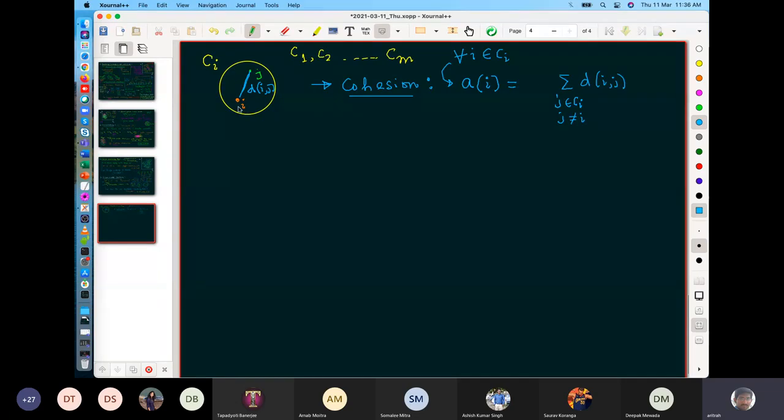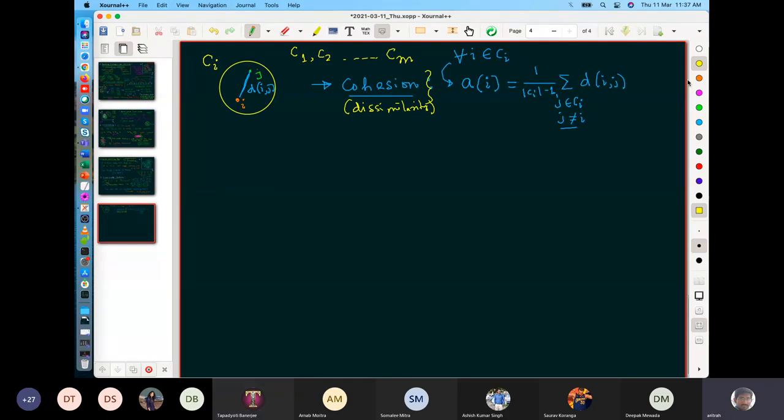That means I sum all the distances, and then take an average over the number of summations I made, which is the size of Ci minus 1, because j is not equal to i. So this is kind of a dissimilarity index. I just want to point out that we are measuring cohesion, and it is basically a dissimilarity index, as you can see. Isn't it?